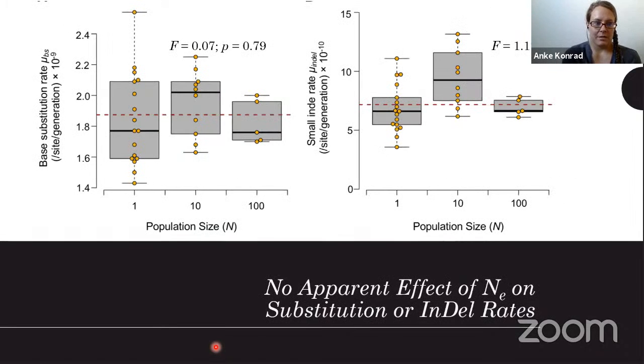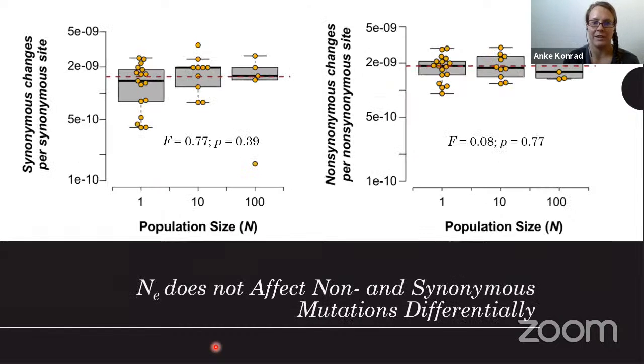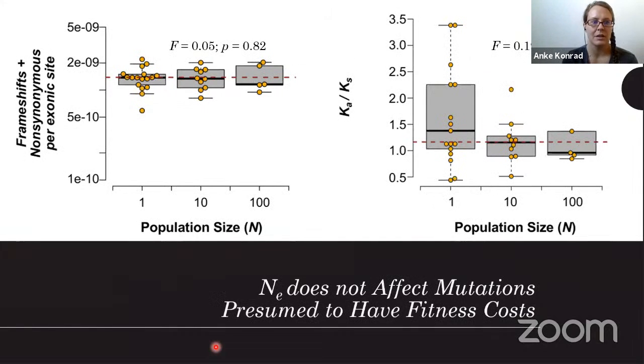When you look at the base substitution rate or the small indel rate, again, you would expect a negative trend with population size if there was selection. We see nothing of that sort for either substitutions or indels. If we subdivide our data into synonymous versus non-synonymous changes, we see no effect of population size, no indication of selection.